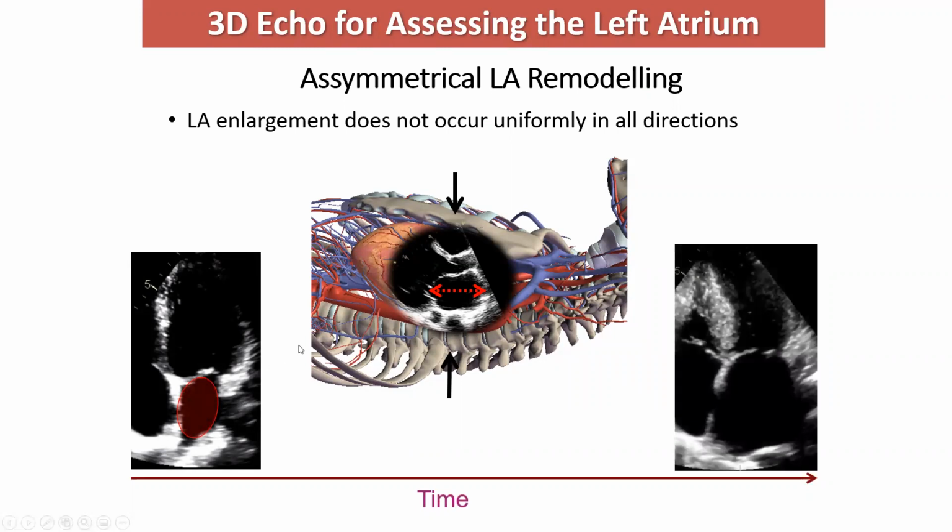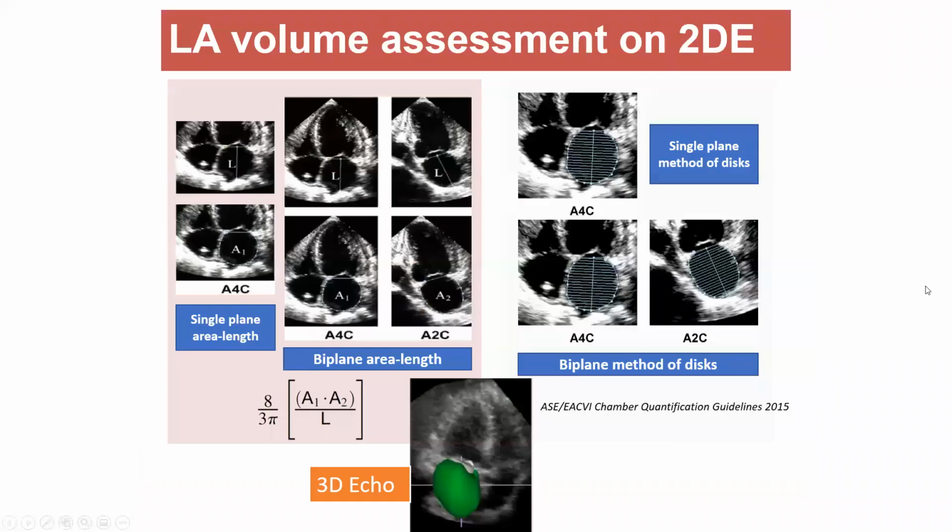And this slide also illustrates that as people age, they tend to have more superior to inferior enlargement. So we have a better way of incorporating both cross-sectional or AP and superior inferior dimensions, and that is the measurement of left atrial volumes.